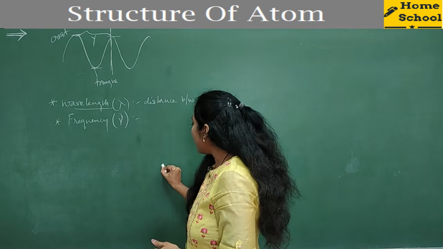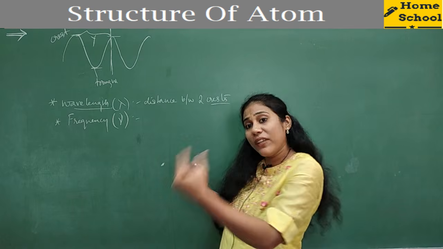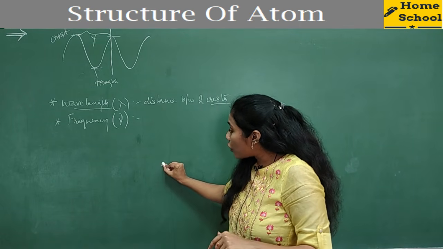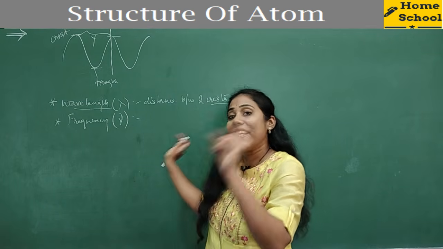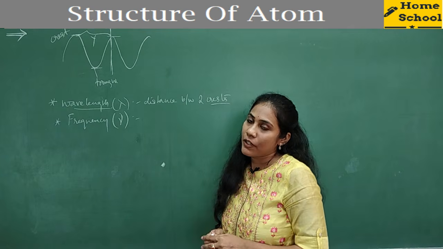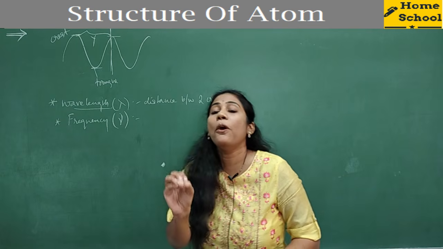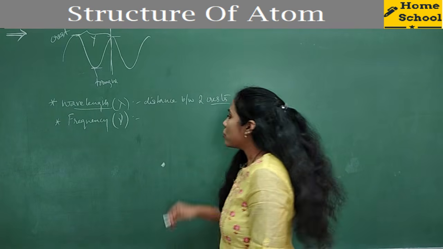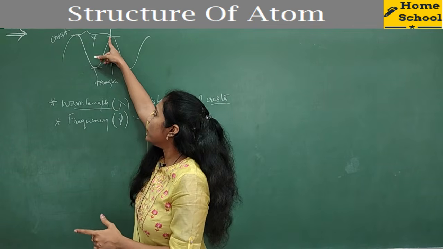Say, for example, this is the point. How many waves are crossing this point within a minute, or within 1 second, is called frequency. So the number of waves crossing a particular point in a second is called frequency. You all understand what one wave means, no?